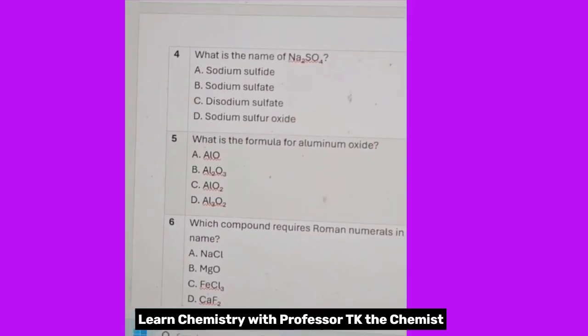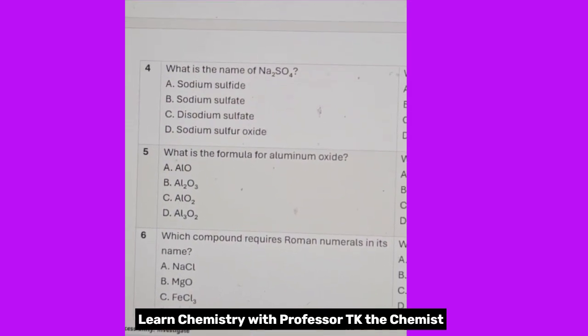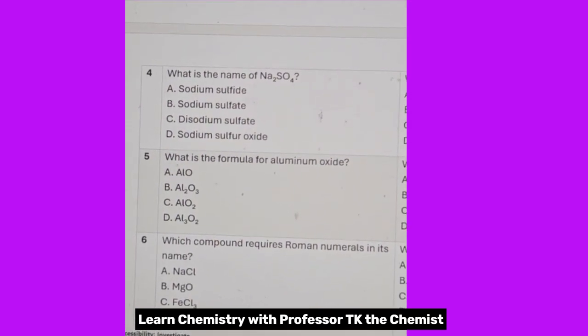Okay, the next question. Now you all have to write the formulas out. Let me get rid of these little red marks. When you write formulas, the computer doesn't recognize it. So again, these are your HESI style questions versus your TEAS questions. I want you to put your answers in the chat box for number 4. What is the name of Na2SO4?